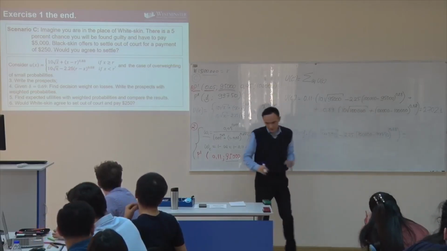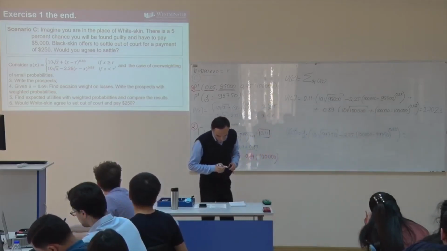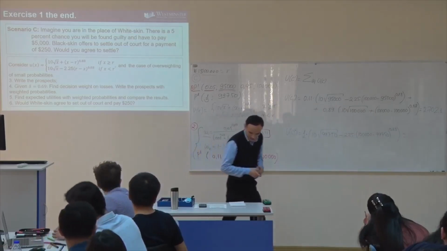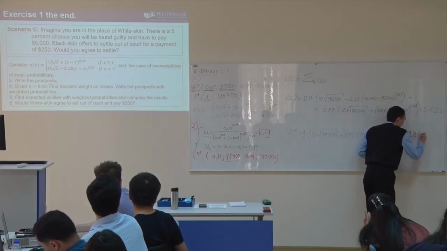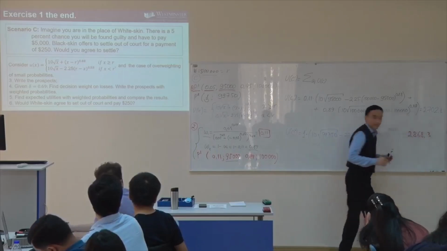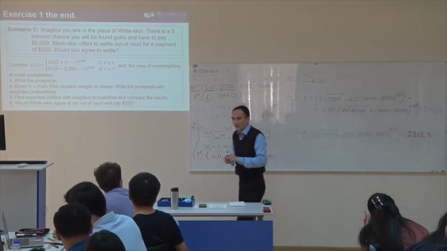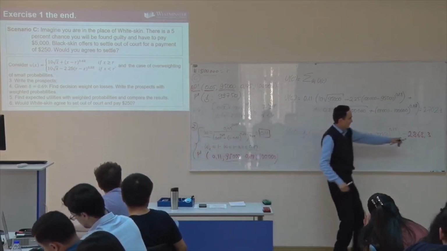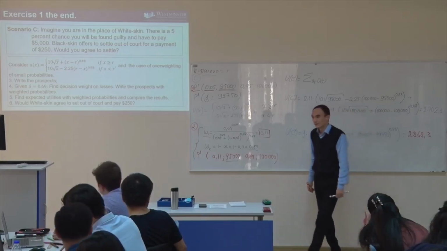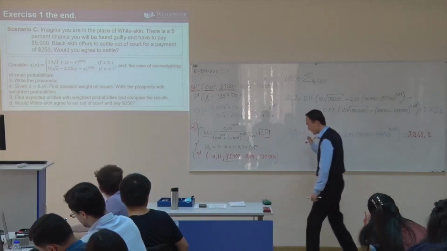So if you calculate this one, students, you will get the number 2868.3. If you use your calculators, you will get that number, 2868. All right? Is it clear?